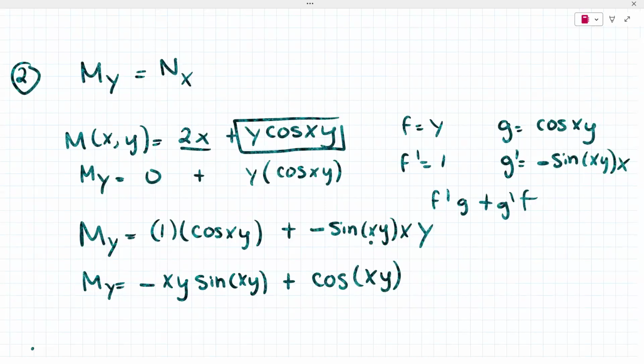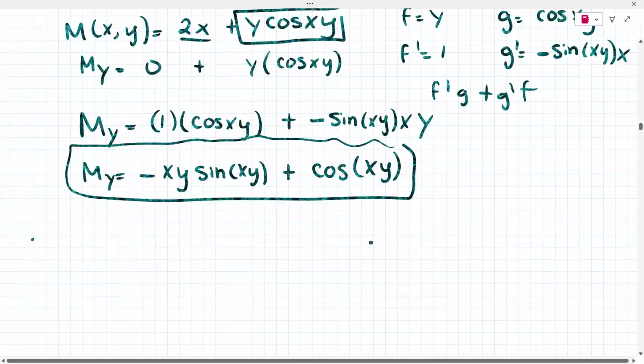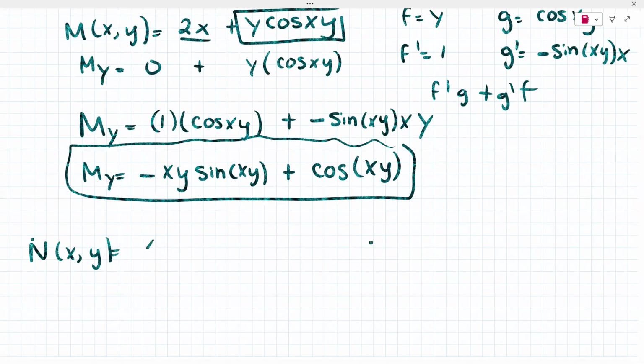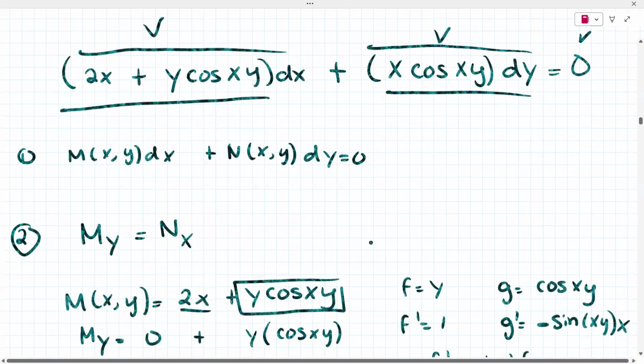Okay, let me just box it. This is not our answer, but let's box it. Now let's find N of x. My N of x,y is going to be x cosine of xy, right? It's basically this whole thing.